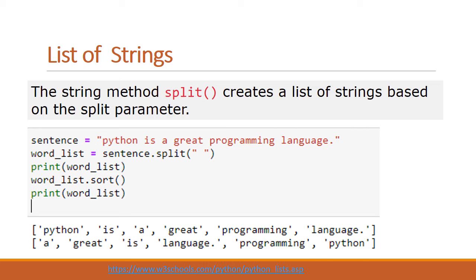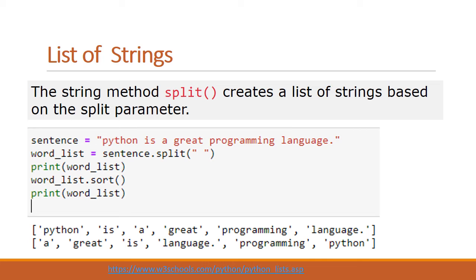And that returns a list, and we're assigning it to the variable word list. When we print out word list, you can see that we have a list of substrings. So we have Python, is, a, great, programming, language.